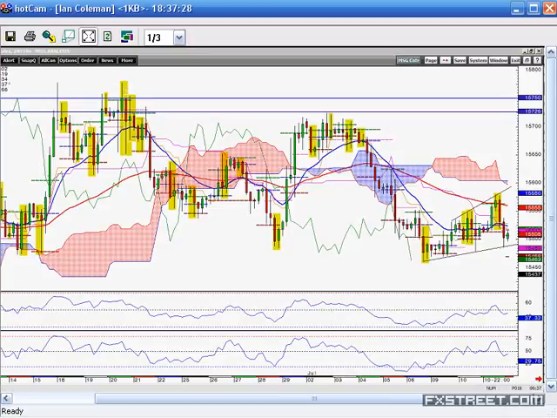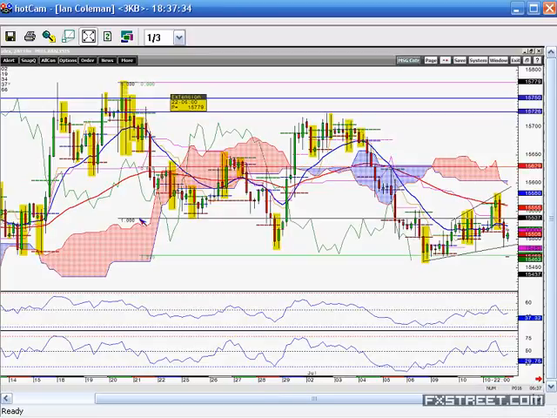So we get this move lower towards 127.2, and then we get this push up, and the price target for that pattern is at least 61.8% of the move down.